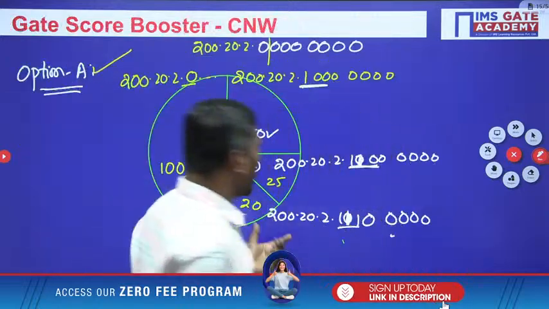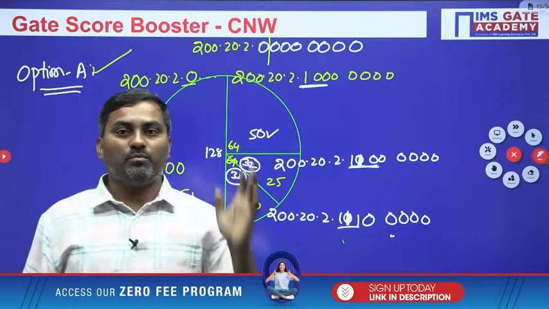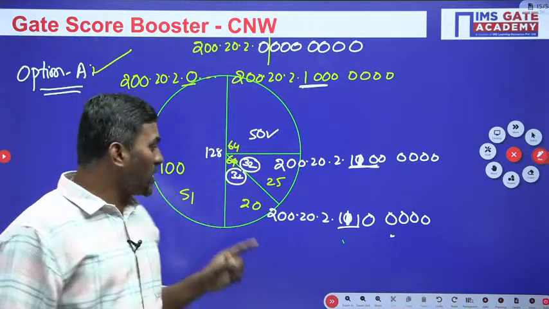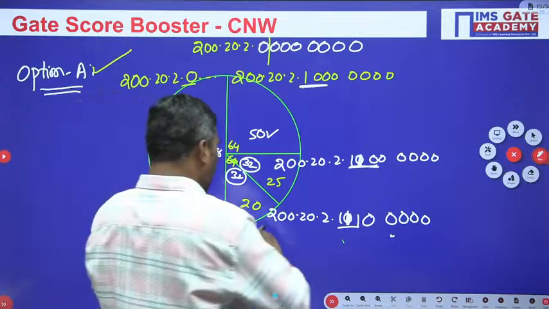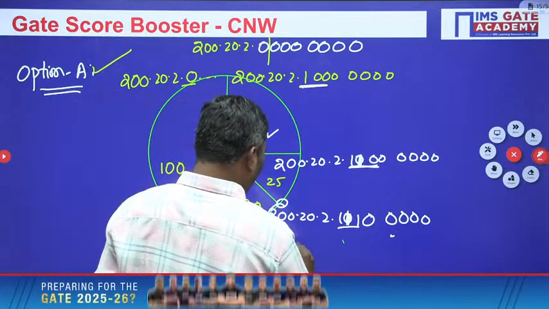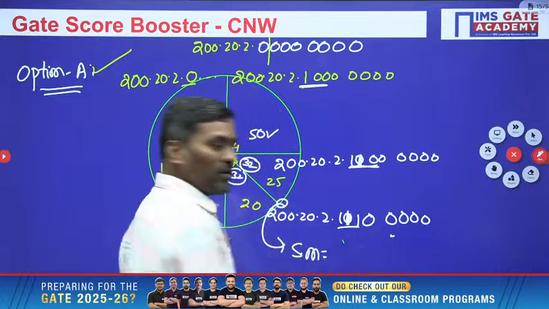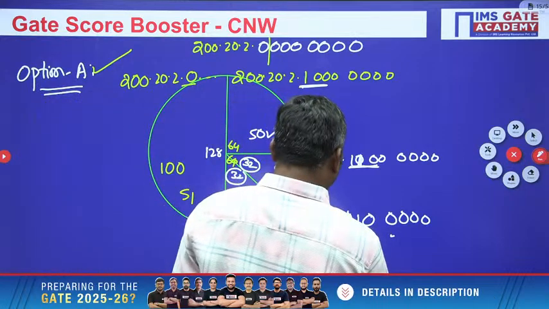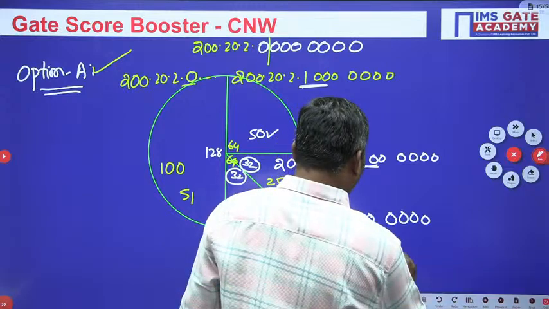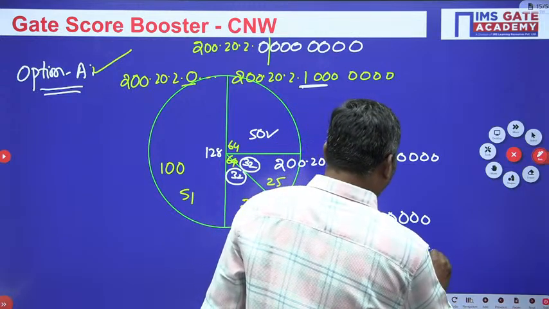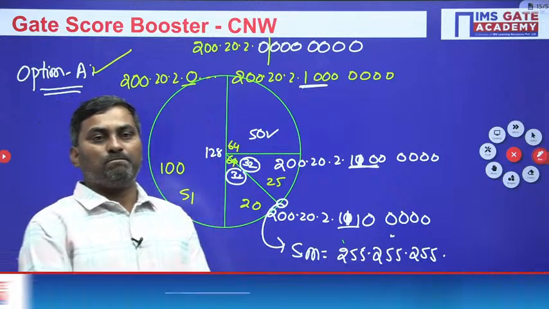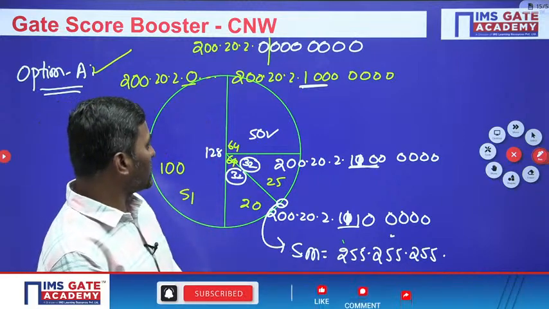The fourth subnet, can you tell me the subnet mask for the fourth? Yes, some of you tell me. What is the subnet mask for this one? Because the size is the same. Tell me the subnet mask. So 255.255. Yes. What is the subnet mask for this?